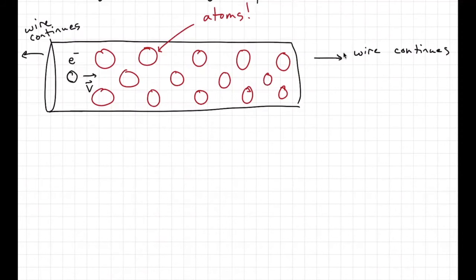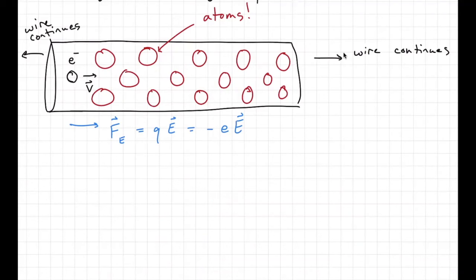So I guess we could draw that as some force from the electric field on the electron that goes that way. That'll just be Q times E, which would be minus E times the electric field here, which from the picture that I drew points right.